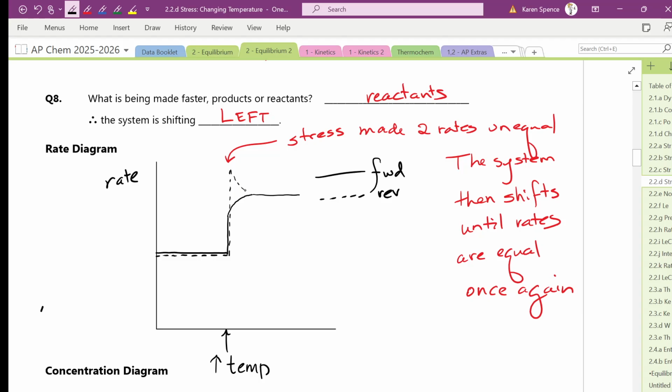Steep, shallow, flat. So we have our old equilibrium, we have the stress, we have the shift, then we have our new equilibrium.